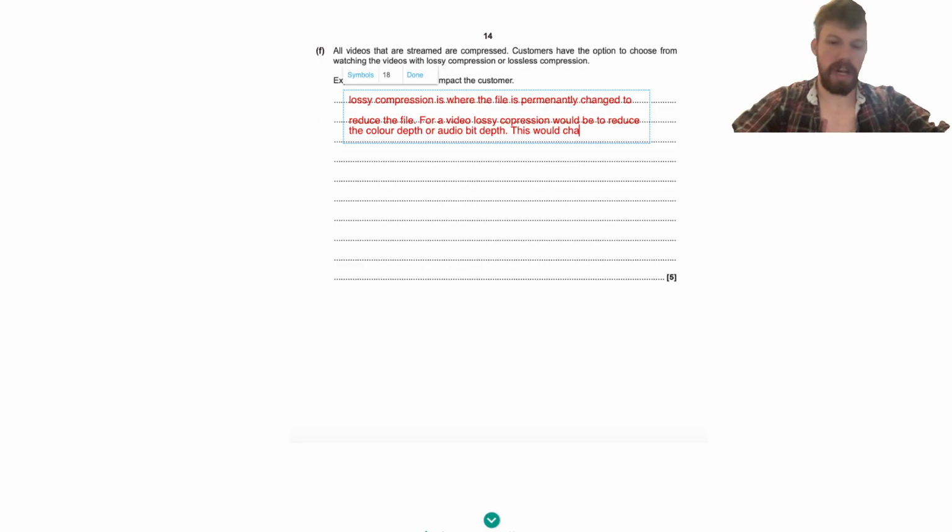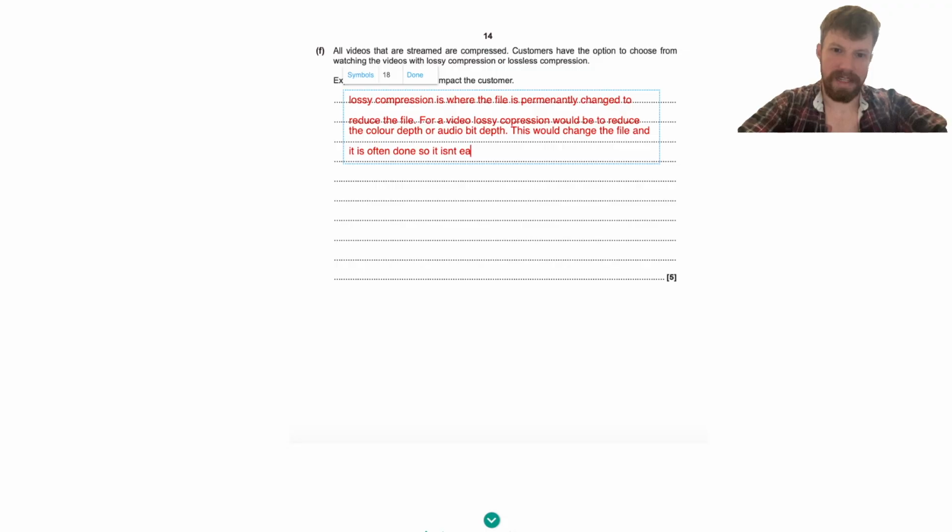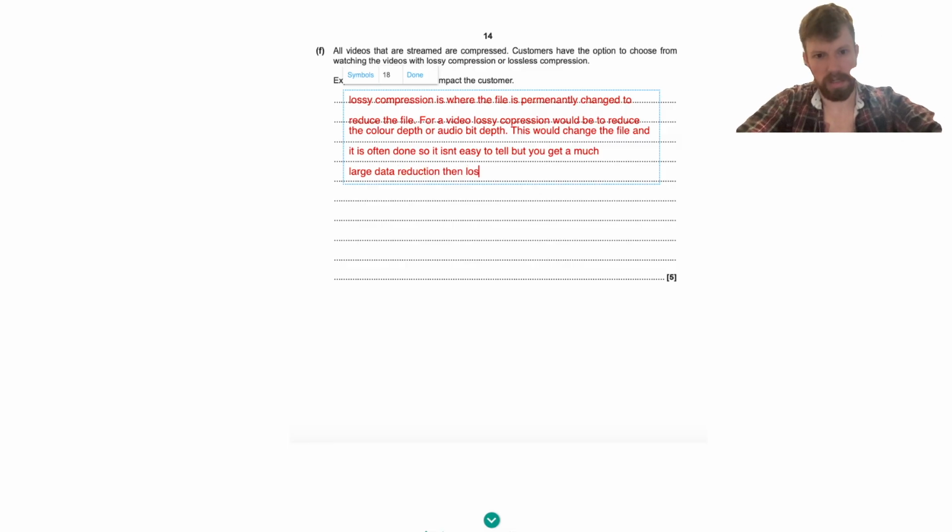This would change the file, and it is often done so it isn't easy to tell, but you get a much larger data reduction than lossless.